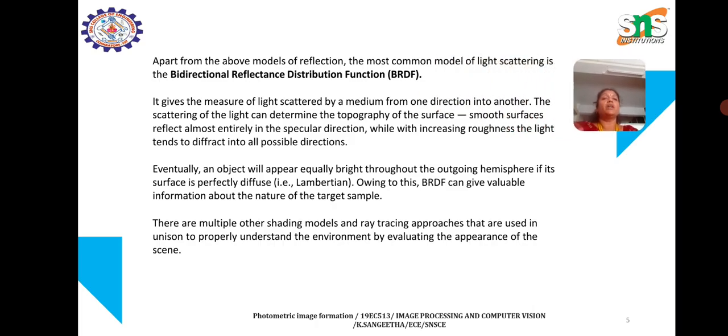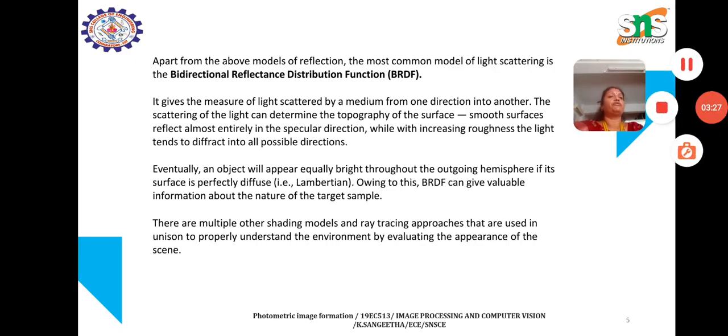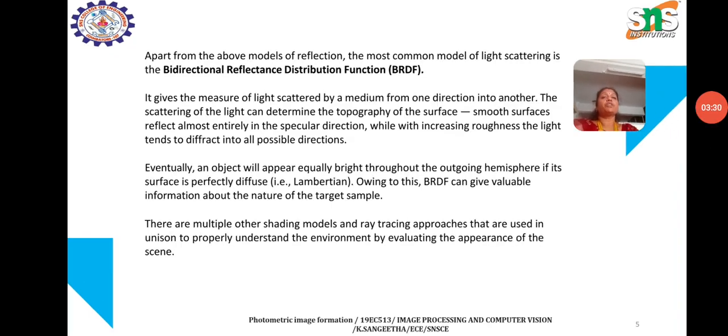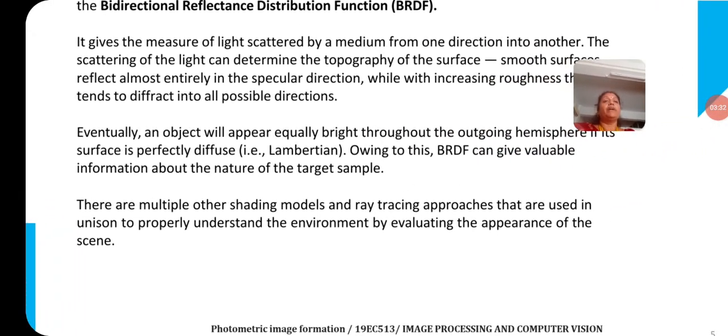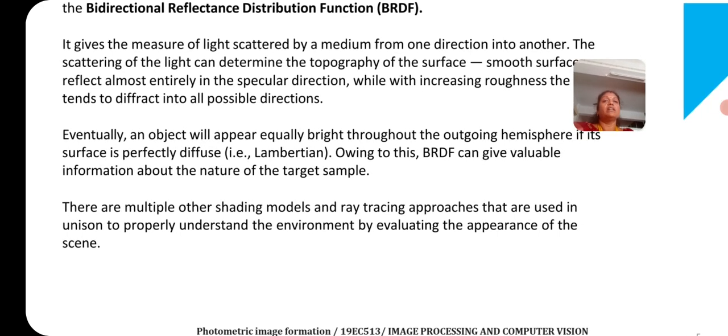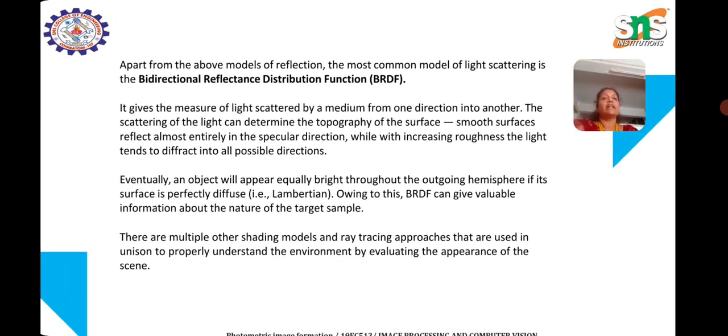Apart from the models of reflection, the most common model of light scattering is the bidirectional reflectance distribution function, that is BRDF. It gives the measure of light scattered by the medium from any one direction into another. The scattering of light can determine the topology of the surface.